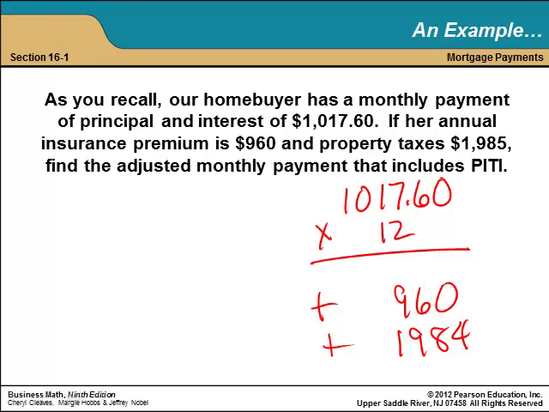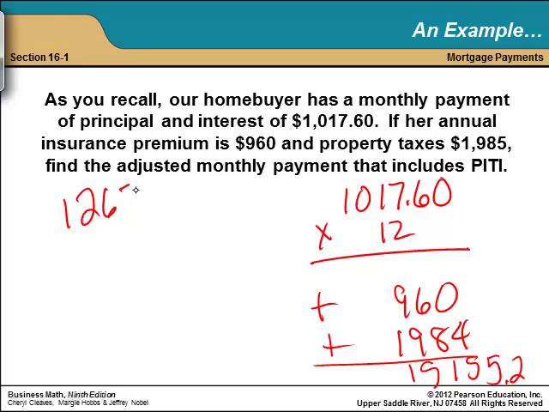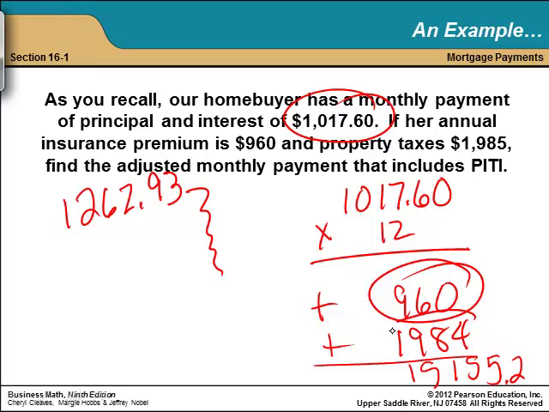Add the 960 and add the 1984, which means that over the total of the year, $15,155.20 needs to be paid. So if we divide that by 12, then the bank is going to collect from her $1,262.93. That's going to pay the monthly mortgage, plus it's going to store up so that over the course of the year, they can pay for the mortgage, the insurance, and they can pay the taxes.